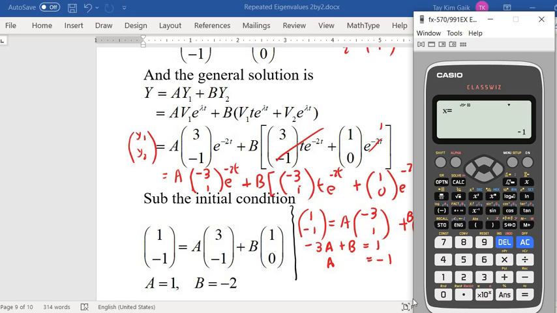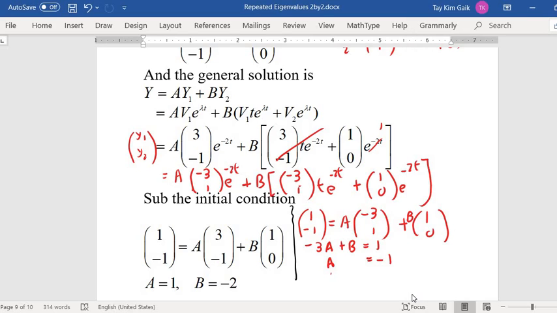Now we get a is negative 1, b is negative 2. Check: negative 1 times negative 3 is 3, 3 minus 2 is 1.